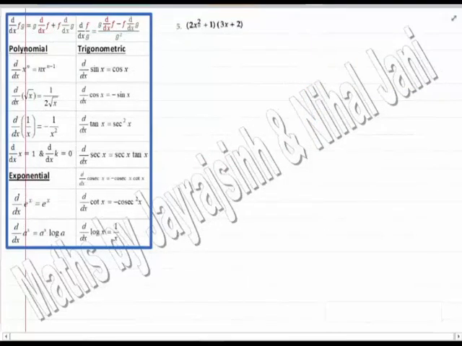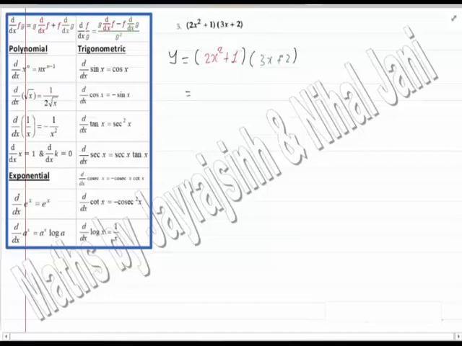Our next question, question number 5. Here we have two different polynomials in multiplication, right? So either we can use the multiplication rule, or we can multiply the brackets. Okay, so I prefer to multiply the brackets for the first section.